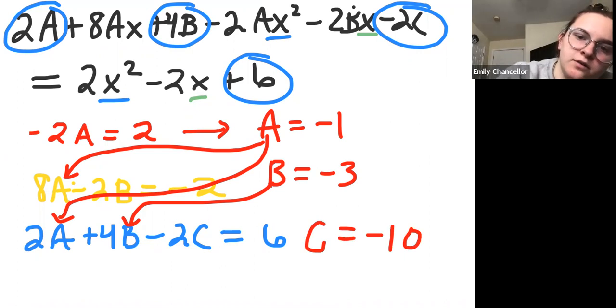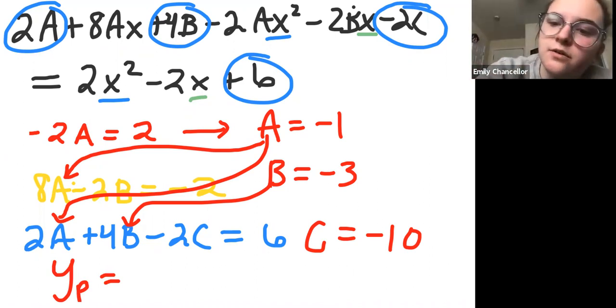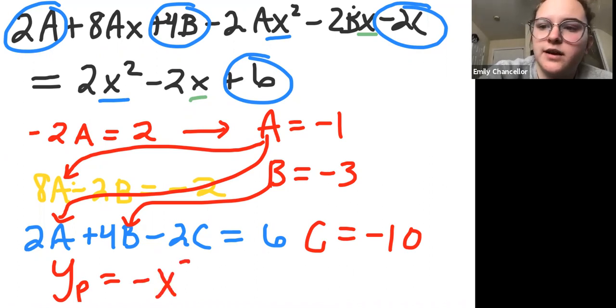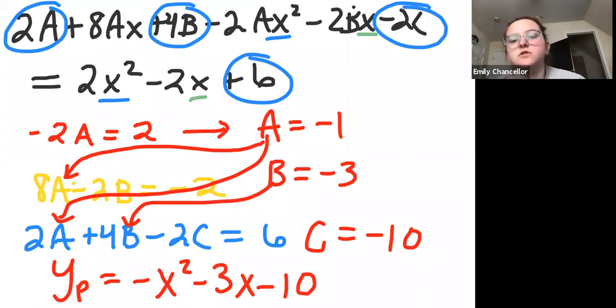So our final yp is going to be, remember, our ax squared plus bx plus c. So -x squared minus 3x minus 10, they're all negative.